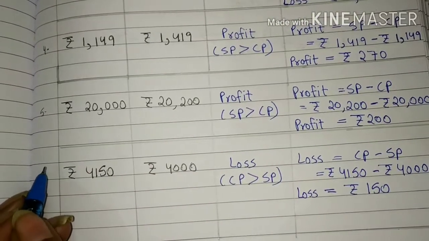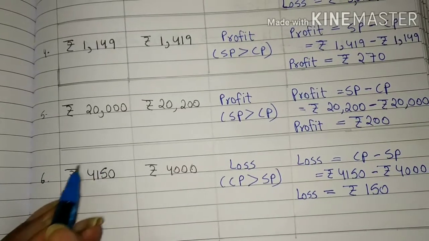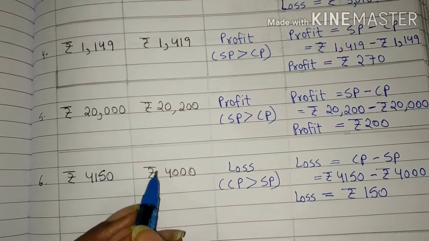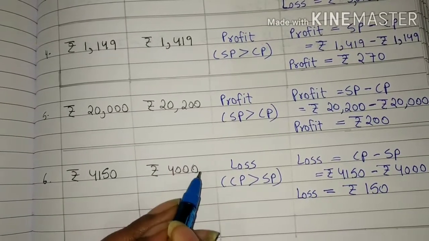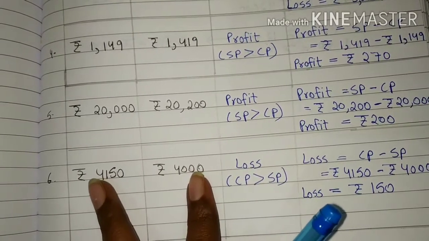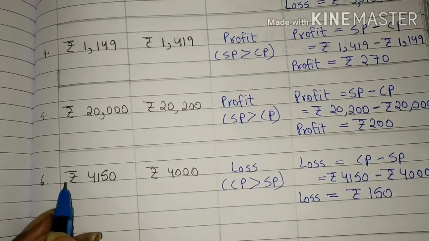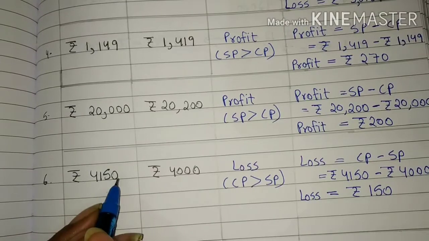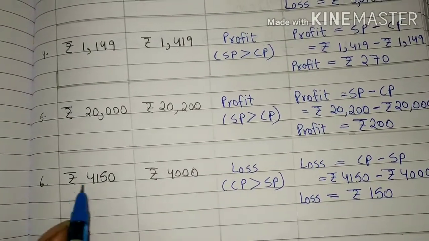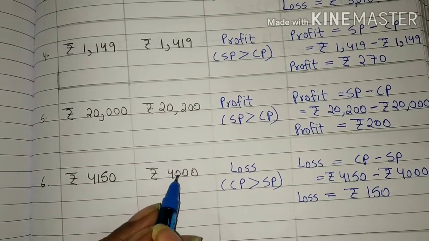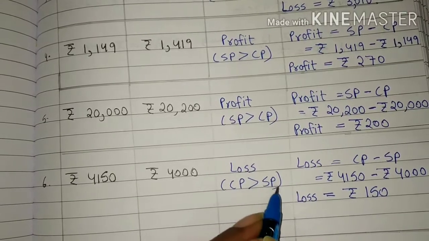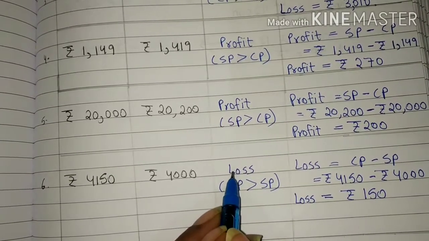Students, now come to sixth. Cost price is rupees 4,150. Selling price is rupees 4,000. Students, when you compare these two prices, you will see that rupees 4,150 is greater than rupees 4,000. It means cost price is greater than selling price. Students, we know that if cost price is greater than selling price, then there is a loss.